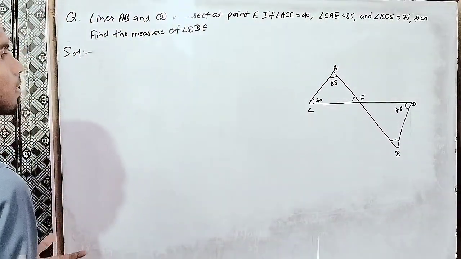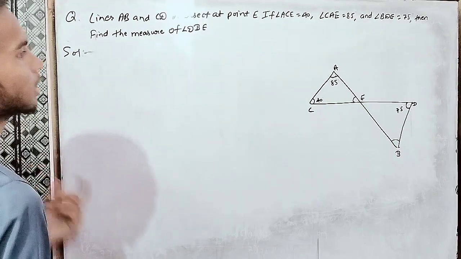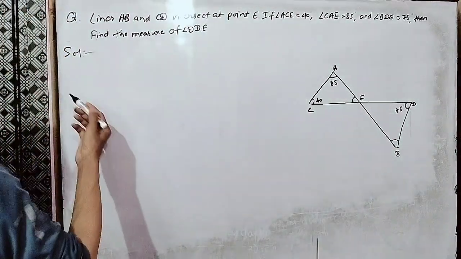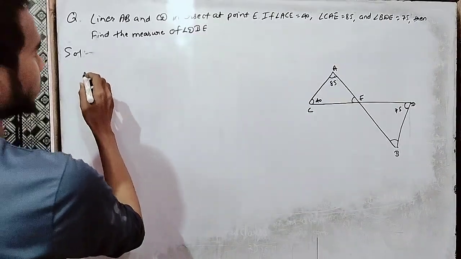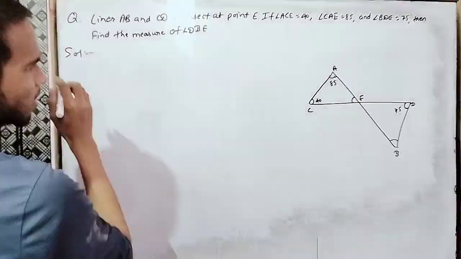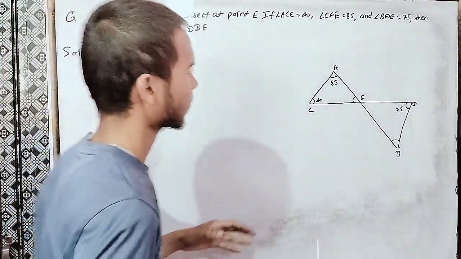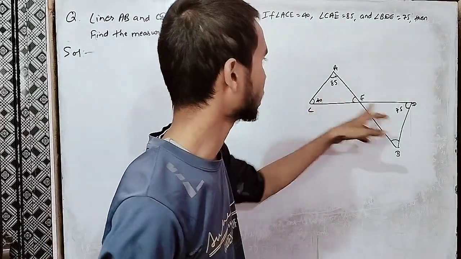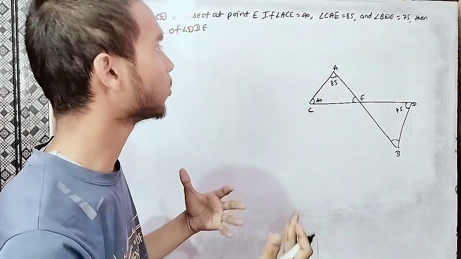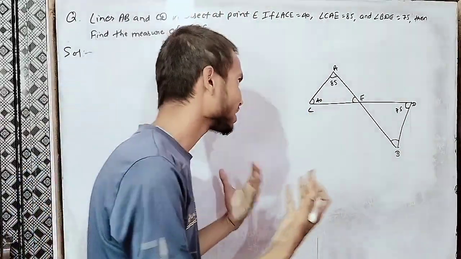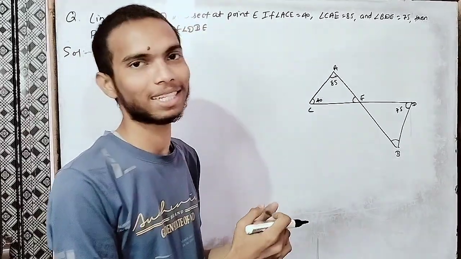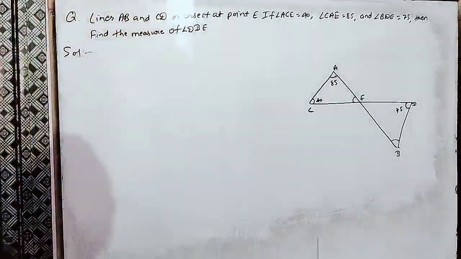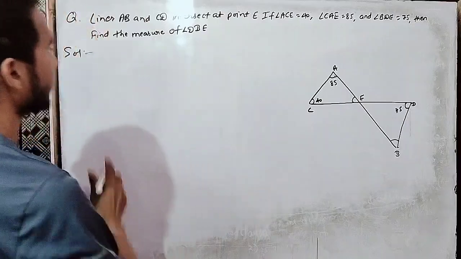How can we solve? How can we identify? What is the process? Here we can say we have two triangles. We already know the sum of all angles of a triangle is 180 degrees.